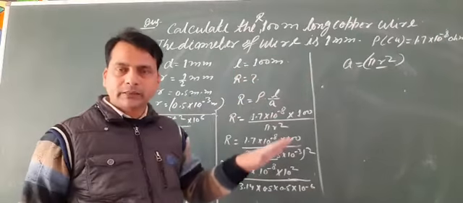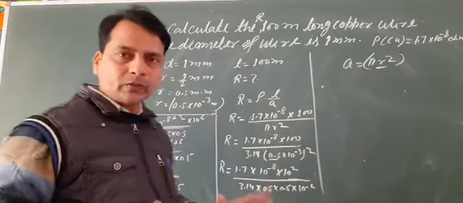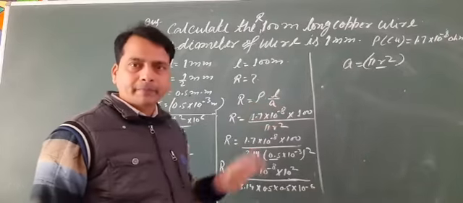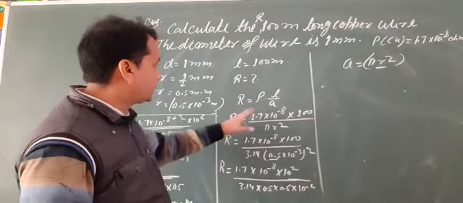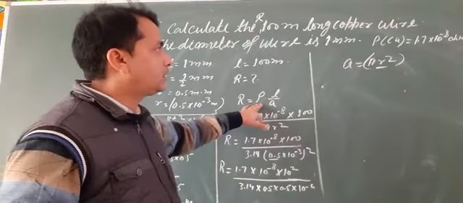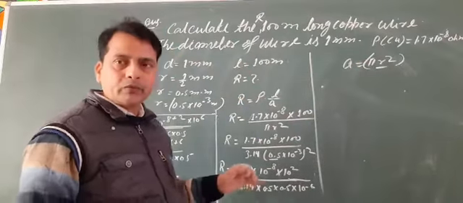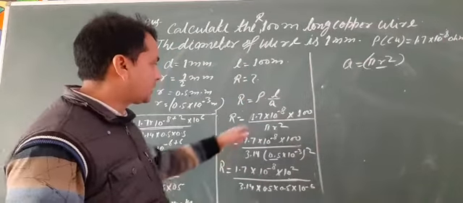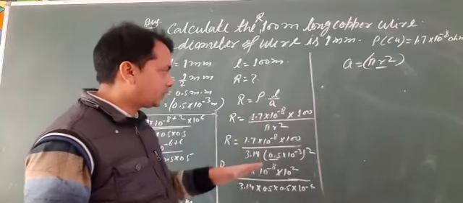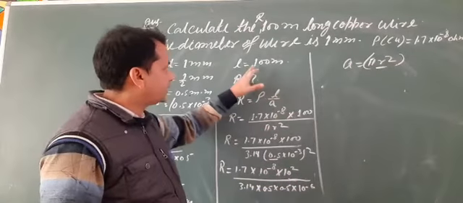The resistance in terms of resistivity, we know that R equal to rho into L by A. The resistivity of the copper wire is 1.7 into 10 to the power minus 8. The length of the wire is given here as 100 meter.